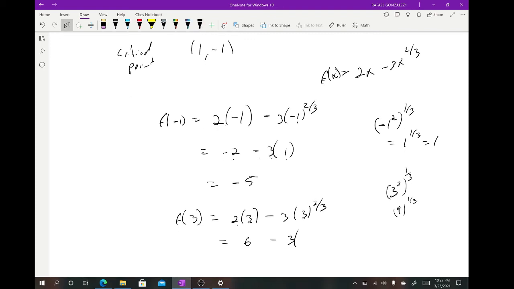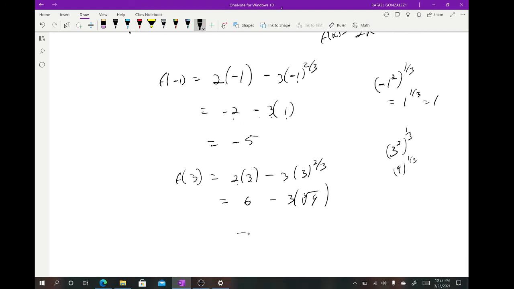So it's going to be the cube root of 9. And this is actually a number, so we could leave it like that. So this is 6 minus 3 cube root of 9. If you were to use a calculator to compute this, this is roughly negative 0.24.